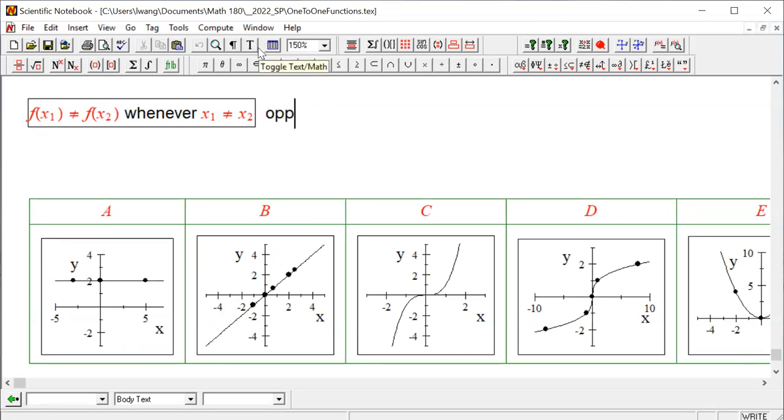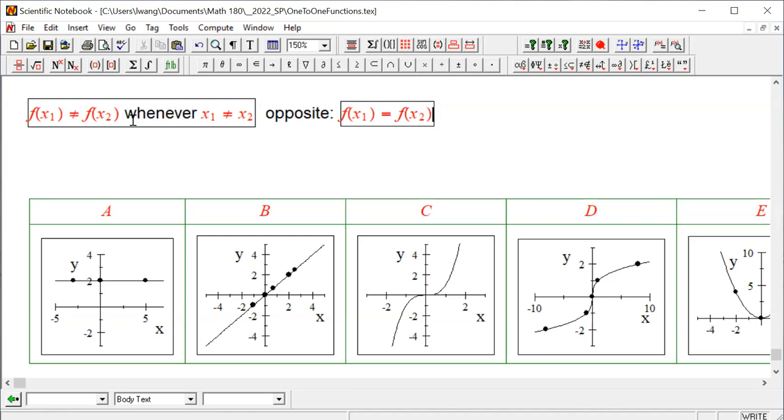What is the opposite of: the outputs are different whenever the inputs are different? Here it is, okay? What's the opposite of not equal? The opposite of not equal is equal, right?